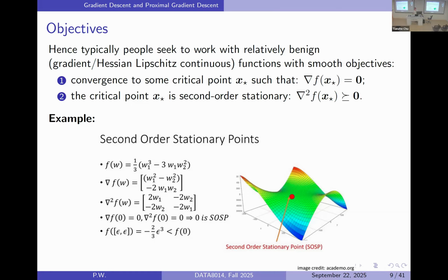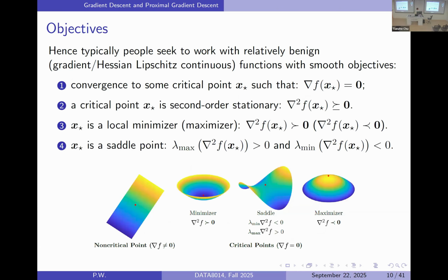This demonstrates that a second order stationary point may not be a local minimum either, because you can find a point epsilon, which could be very, very small, very close to 0, and the function value there is smaller than the value at 0. Okay. And then here we also draw a figure, very intuitive to take a look at the landscape of this function.